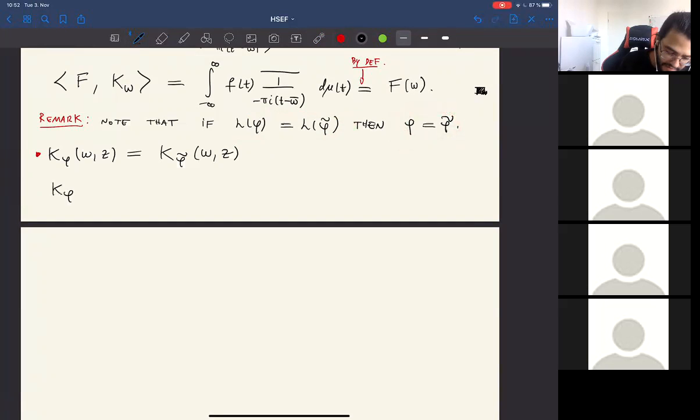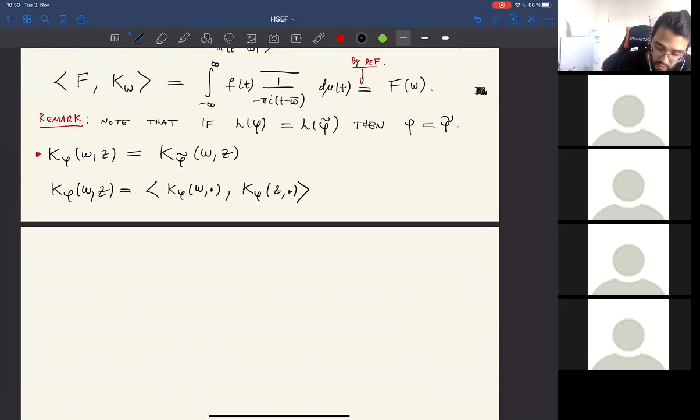Because we have k phi of w z. What is that? That is just the inner product of k phi of w and k phi of z, and that's the inner product in any of these spaces because they are equal and have the same inner product. That's the assumption.